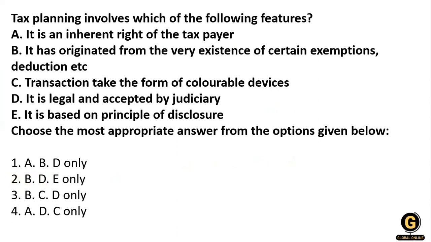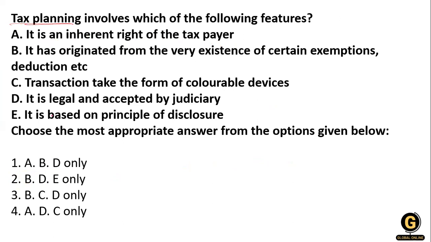Now, next question: tax planning involves which of the following features? We have already discussed what tax planning is. Let's start with statement A: it is an inherent right of the taxpayer.